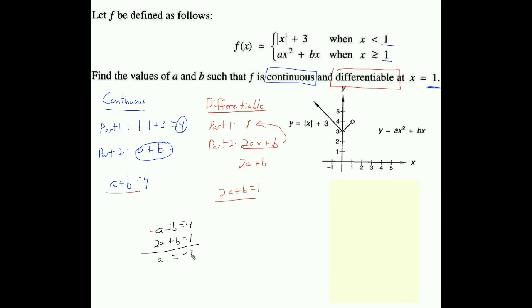So a has to be equal to negative 3, and that means we can find b by plugging in here. We have negative 3 plus b equals 4. Add 3 to both sides, b equals 7. So to find the values of a and b so that f is continuous and differentiable: a equals negative 3, b is equal to 7.